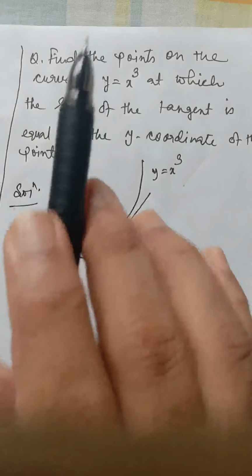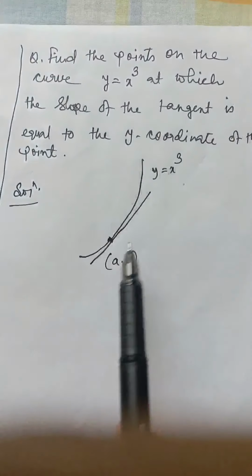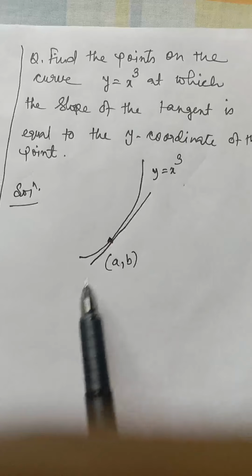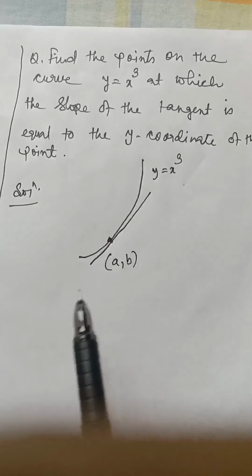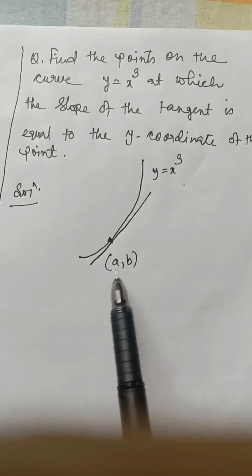First, let us again go to the question. Find the points on the curve at which the slope of the tangent, if we draw a tangent to the curve, will be equal to the y coordinate of the point. We have to find the coordinates of (a, b).